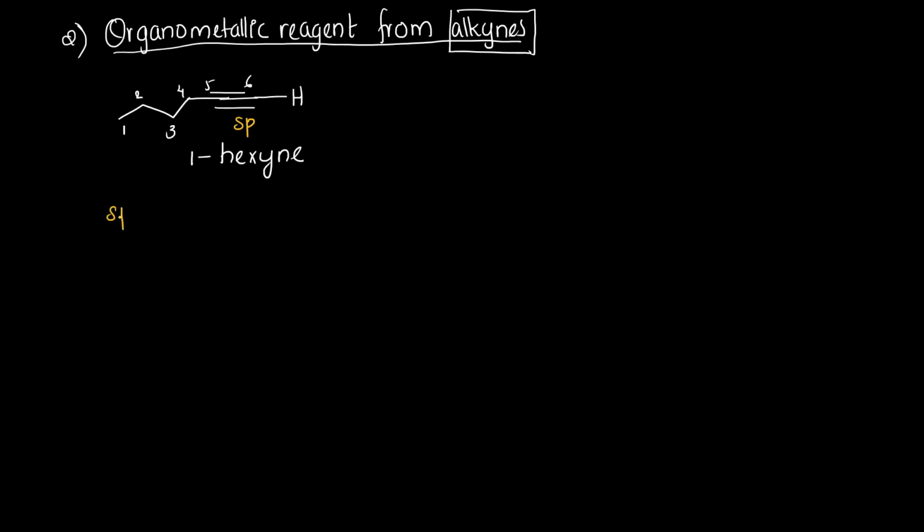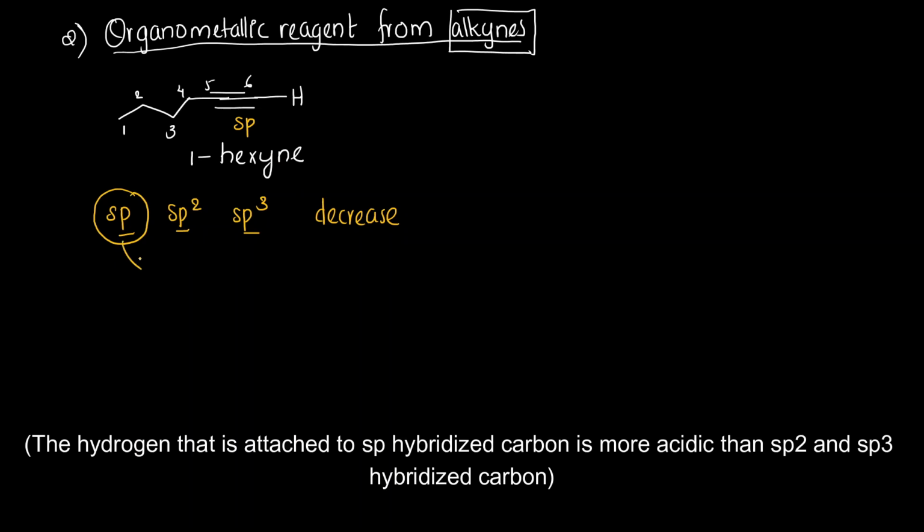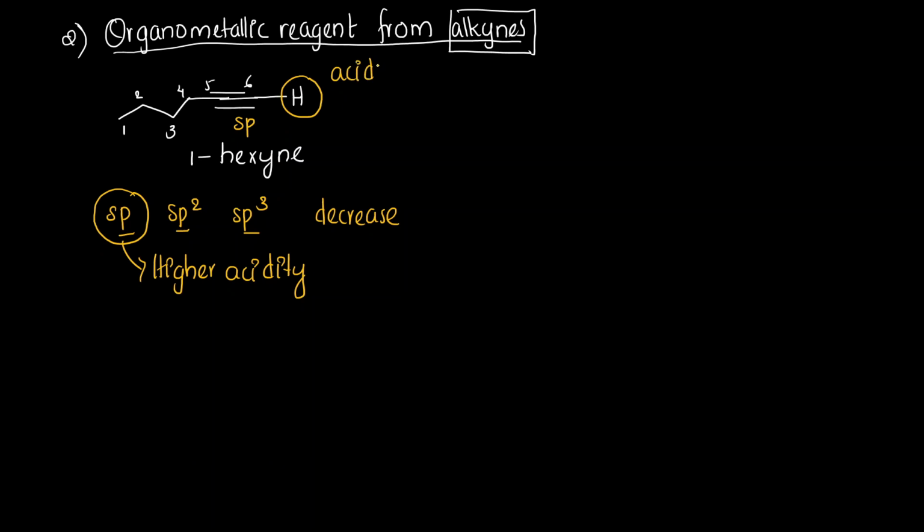If you compare the sp2 and sp3 hybridized compounds, with the increase in the p character, their acidity will decrease. That means the sp hybridized compounds have higher acidity. So this hydrogen in the 1-hexyne is acidic.